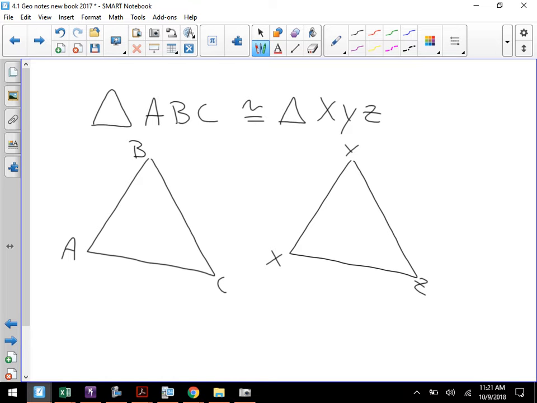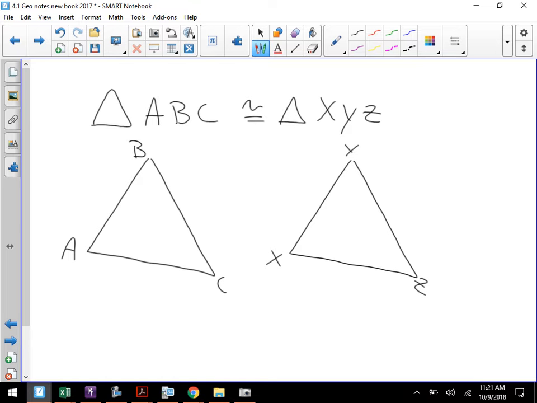Now, what a congruency statement tells you is it gives you direct correspondence to which pieces are congruent to which piece. For example, if I say angle B, what letter has to match angle B on the other triangle? And why would you say that? They're corresponding, they're in the same position. Remember when we talked about corresponding angles?